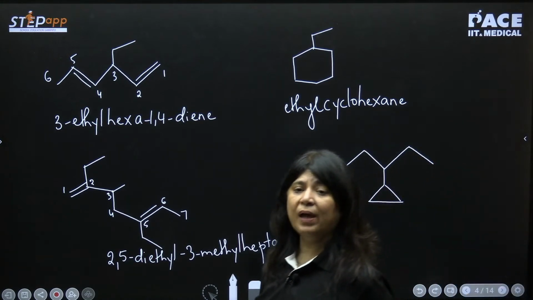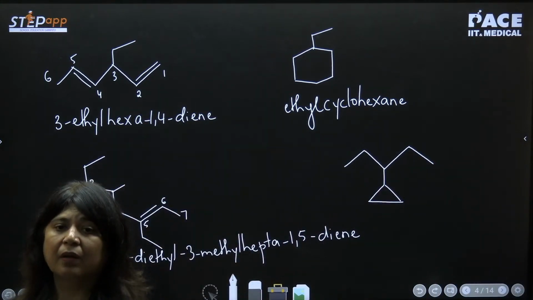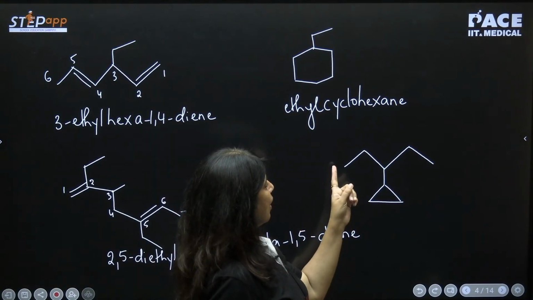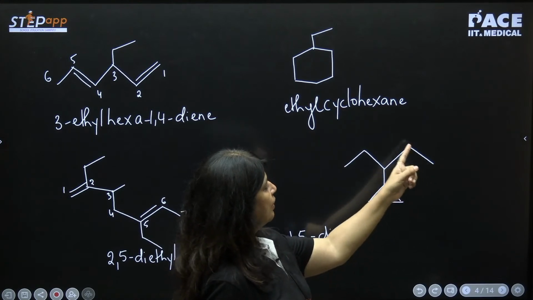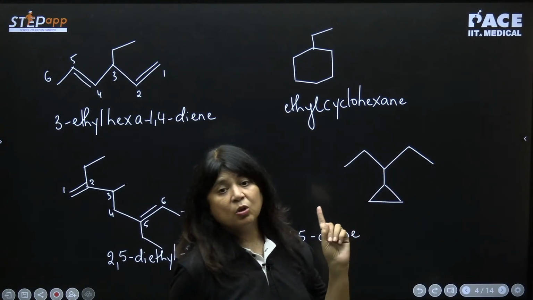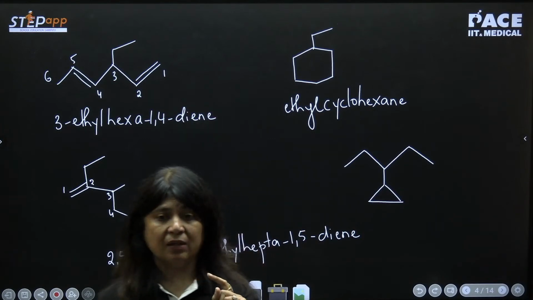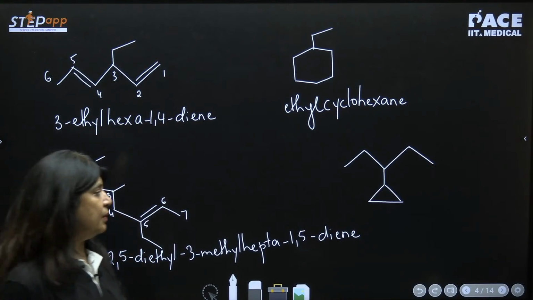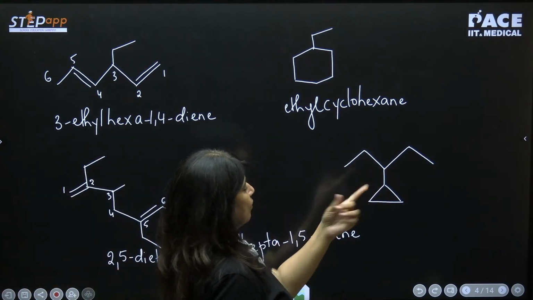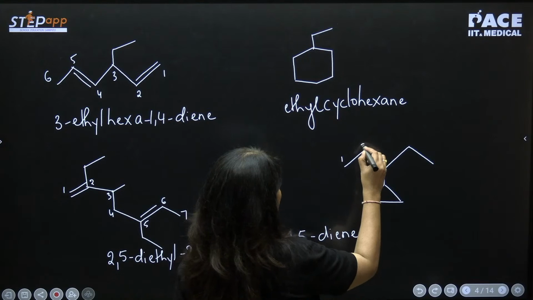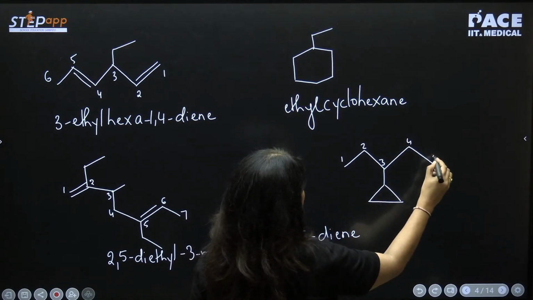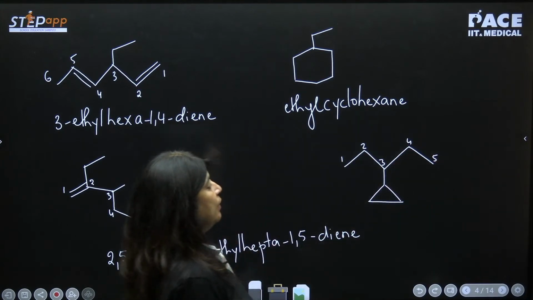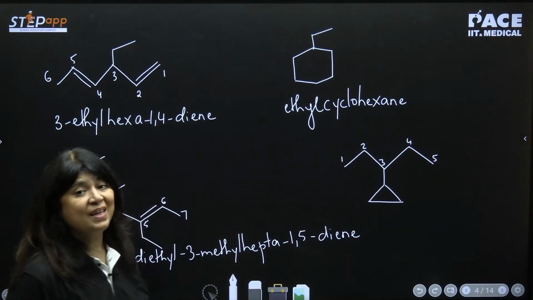Again, now this compound has two parts. One is the cyclic part here, having 3 carbon, and the open chain or the side chain has 5 carbon. So definitely the open chain is going to be taken as the parent because it has 5 carbon. Numbering of the parent here could be from any end because you're going to get the same number for the substituent. From right to left or from left to right, the numbering for the substituent will come out the same.